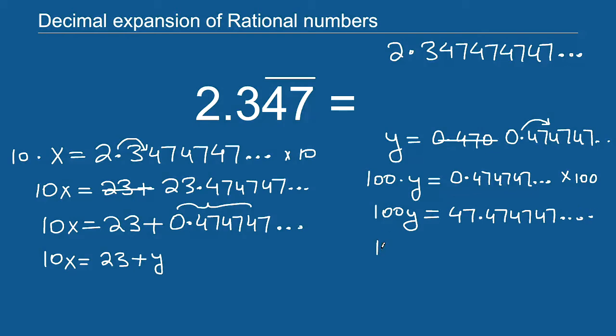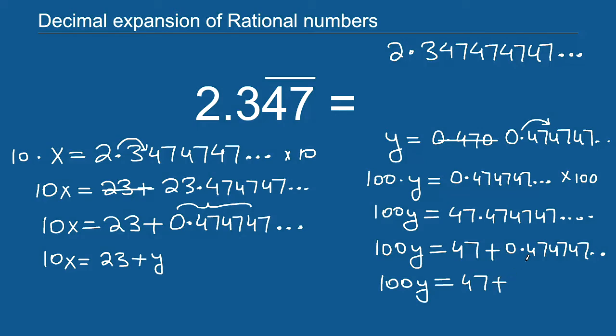And now we can write this as 100y equals 47 plus 0.474747, or 100y equals 47 plus, now what is this? Well, this is just y, right? Because y is equal to this value.